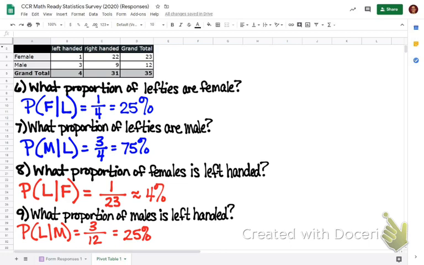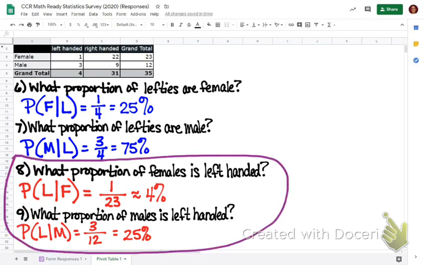Would it be the proportions that we came up with in questions 6 and 7, the 25% and 75%, or would it be the proportions that we came up with in questions 8 and question 9, 4% and 25%? If we wanted to try to determine this, the most relevant ones to consider would be 8 and 9.